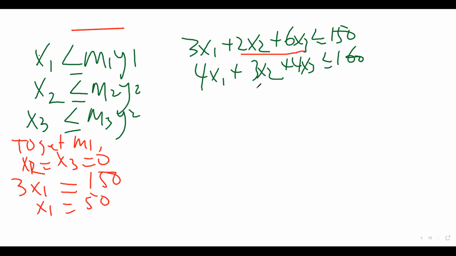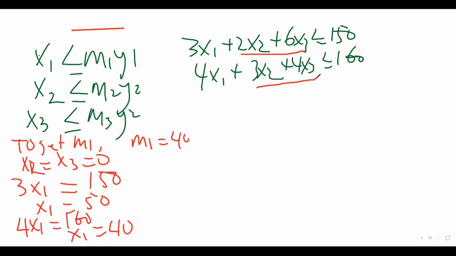Assuming x2 and x3 are 0, we are left with 4x1 equal to 160, which means that x1 is equal to 40. On the basis of this, you're going to take the smaller x, and therefore our M1 is going to be 40.